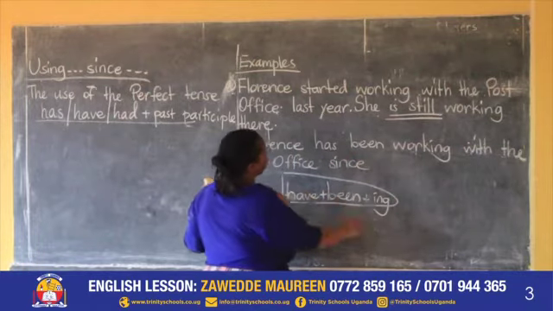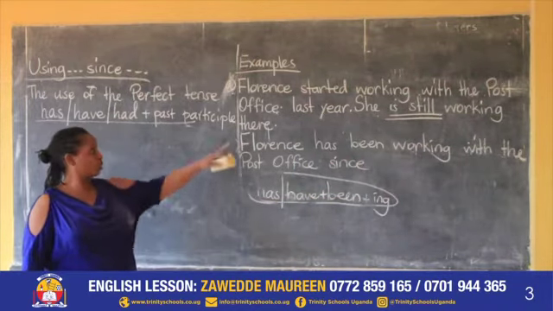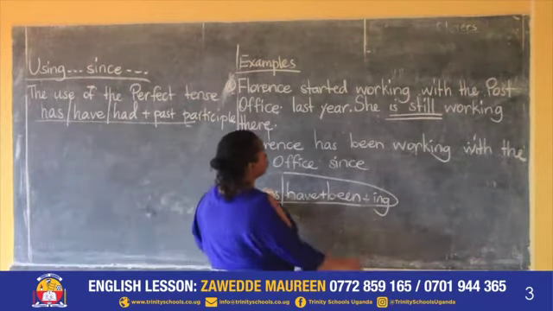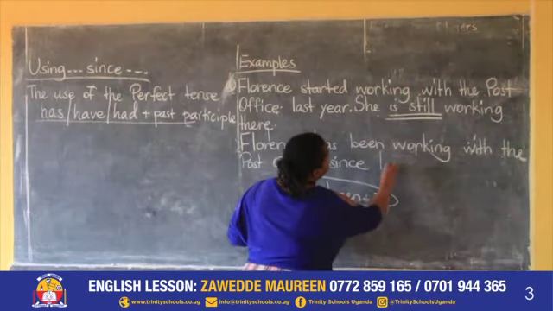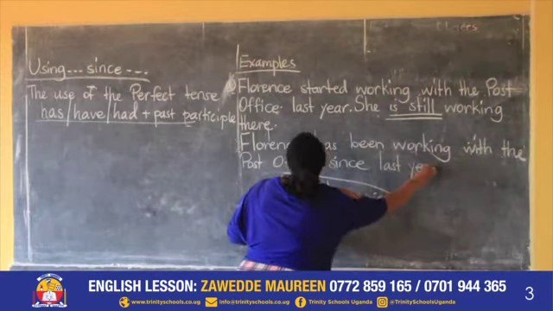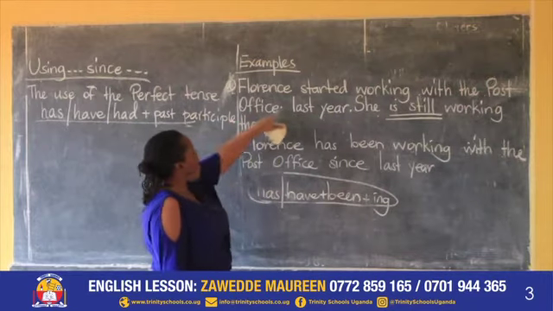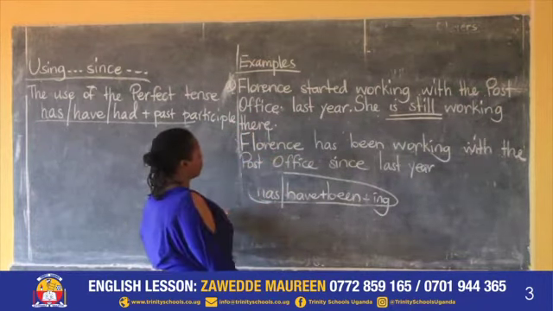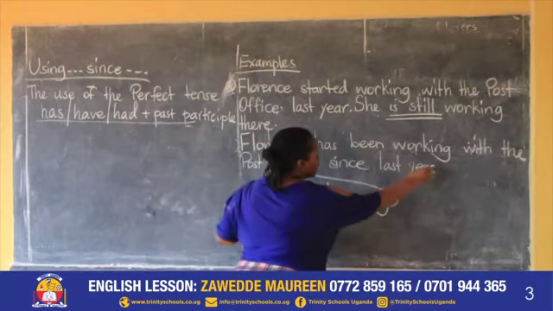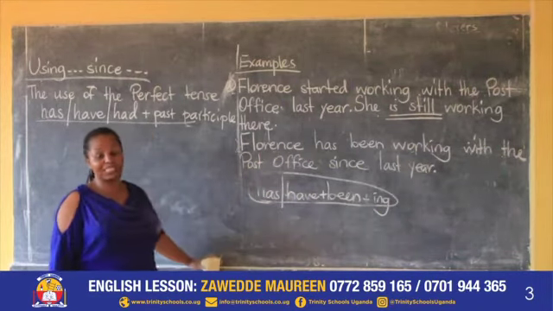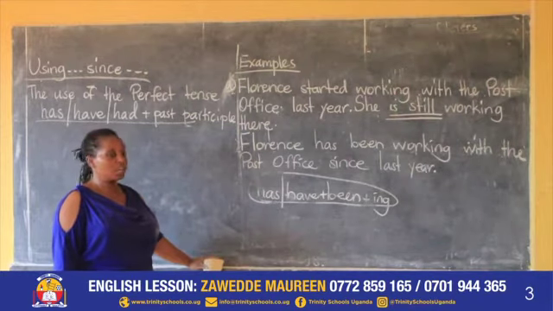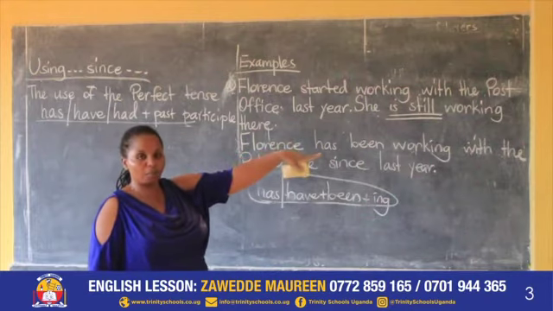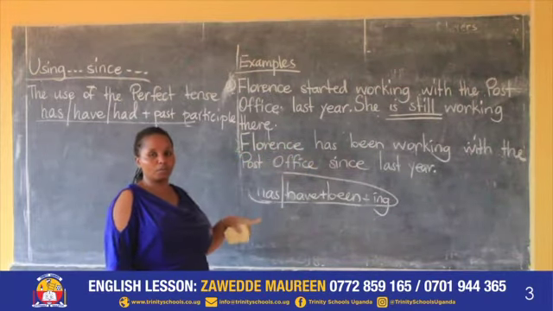Since expresses the point of time, she started working with them since last year. Florence started working with the post office last year. She's still working there. Florence has been working with the post office since last year. This is the commonest question in since at P7 level. This is the commonest, and that one of period of time, so master them very well.